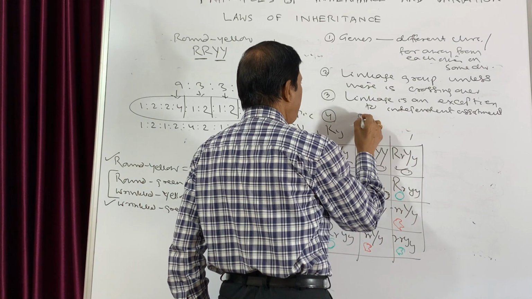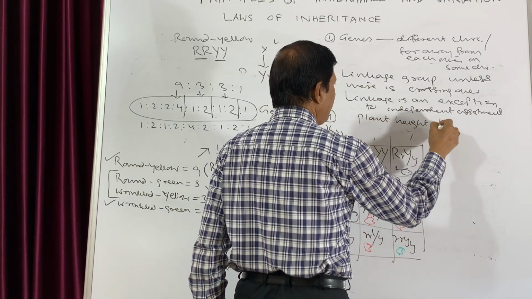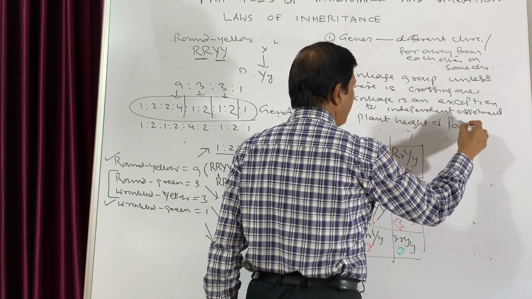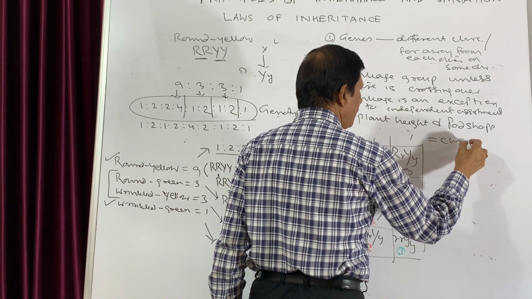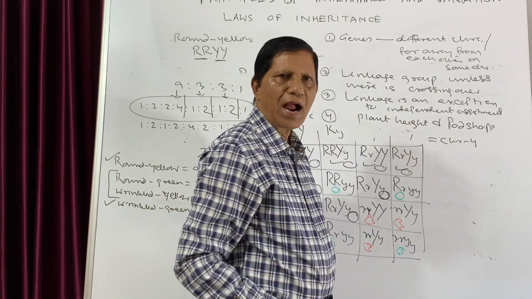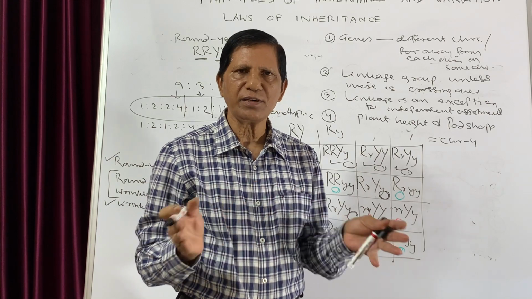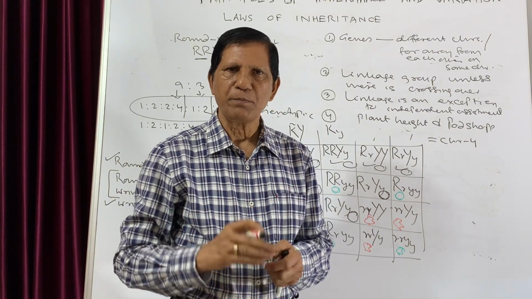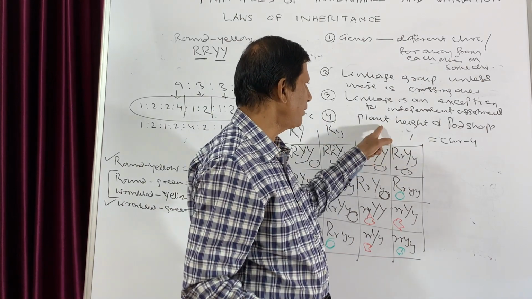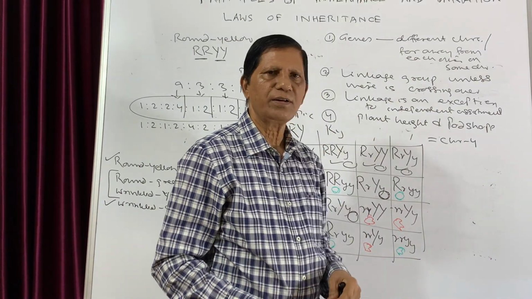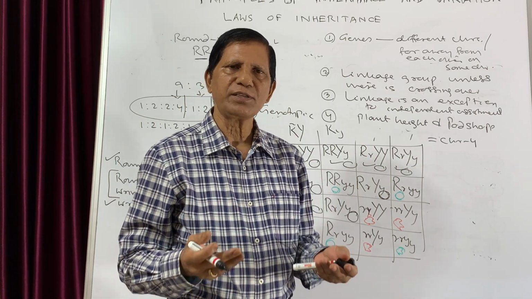Usually the plant height and pod shape. Both are present in chromosome number 4, and they are very closely placed to each other. So recombination does not take place between them. But luckily, Mendel never tried a combination between plant height and pod shape. That is why it is said that Mendel was lucky.